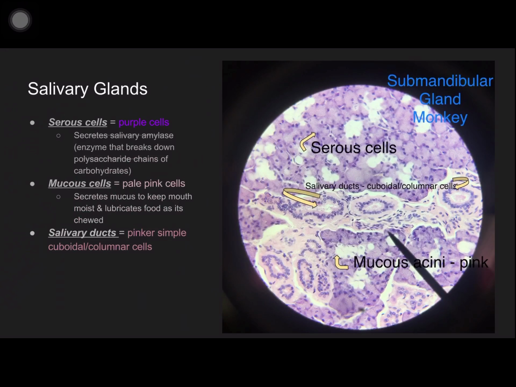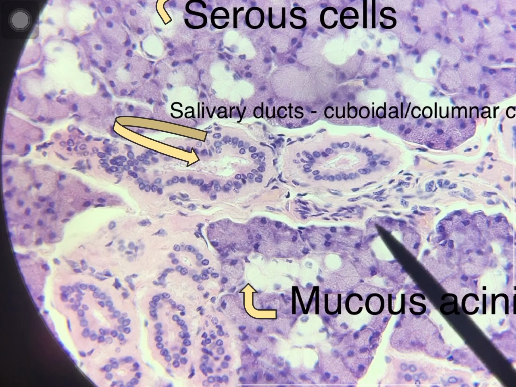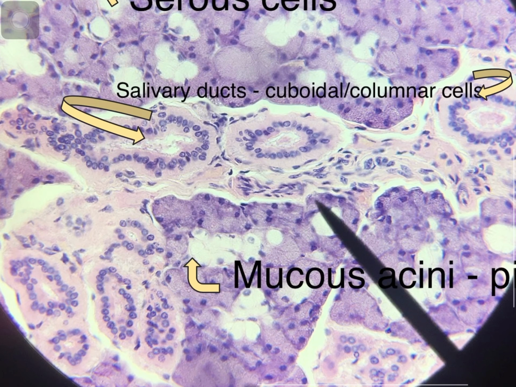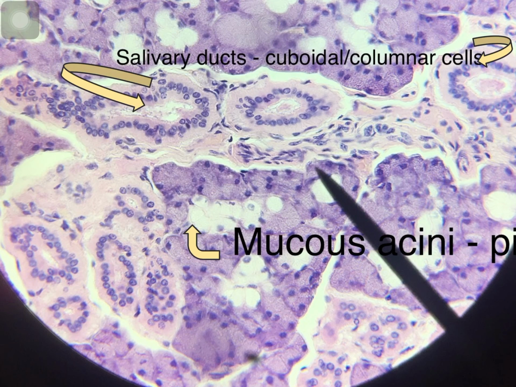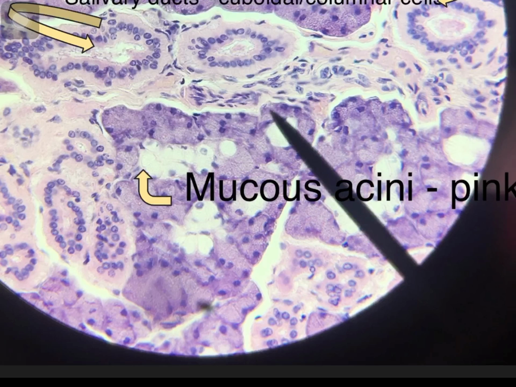So serous cells, things like these, purple, like grapes, are serous cells. Things that are pinkish, like these right here, are mucus cells or mucus acini. Acini stands for clump of cells. So that arrow right there is pointing at those white circles, but actually those circles are slightly light pink mucus cells.